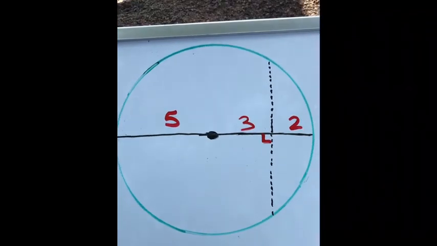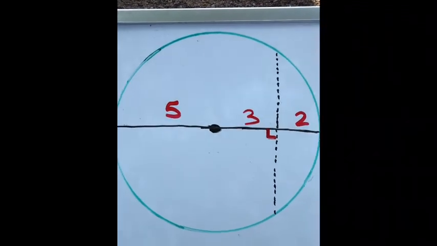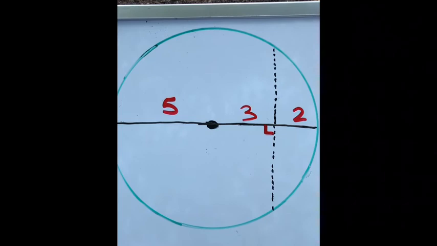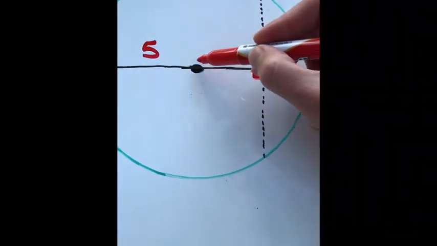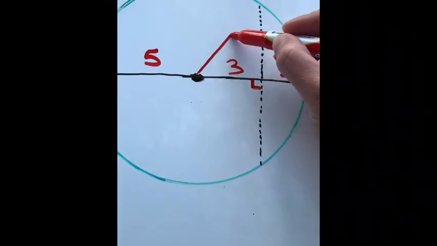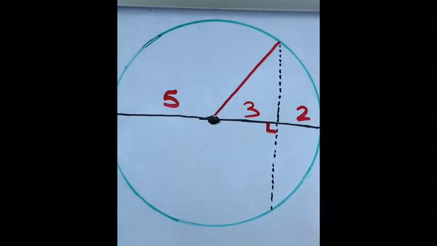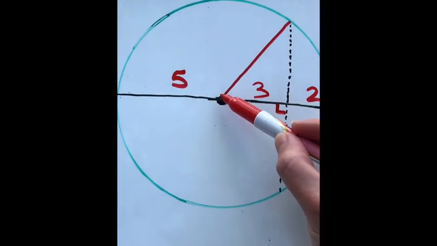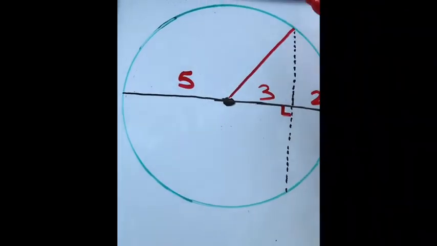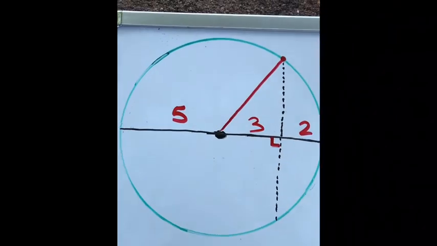Do you see anything that we can do here? A little hint. We are actually going to make a right triangle right here. This is the center, this is a point on the circle, so what is that called?